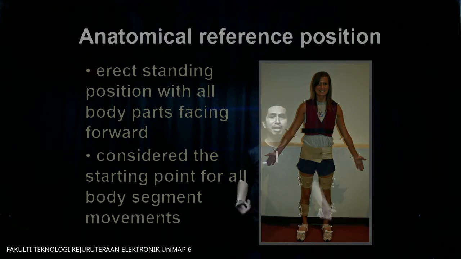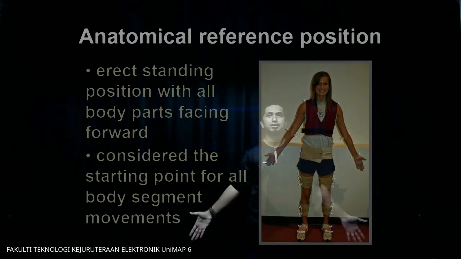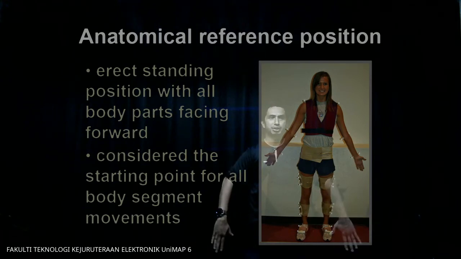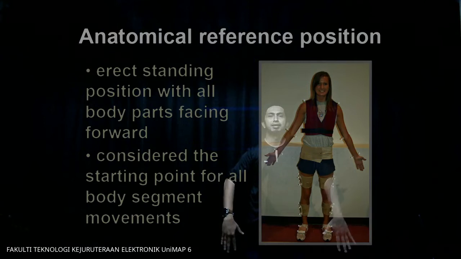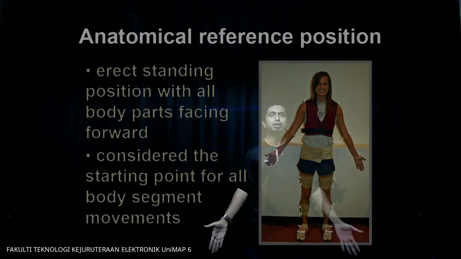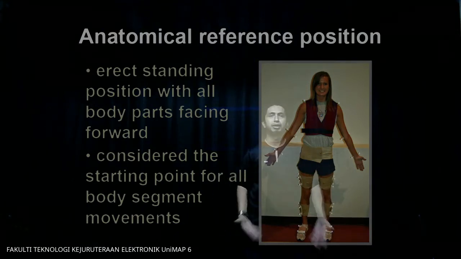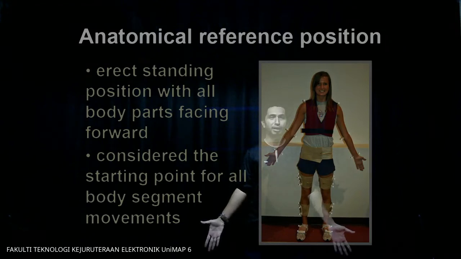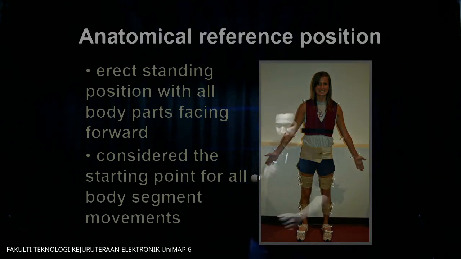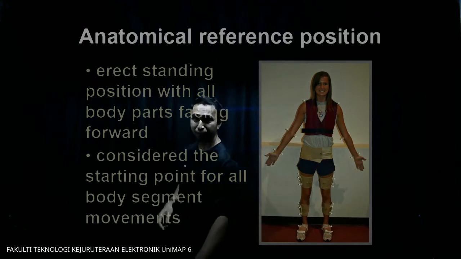My face, my hand, my body, all are facing forward. This is not anatomical position because my hand is facing backward. You need all the surfaces of our body facing forward. That is the standing position for the anatomical reference position.